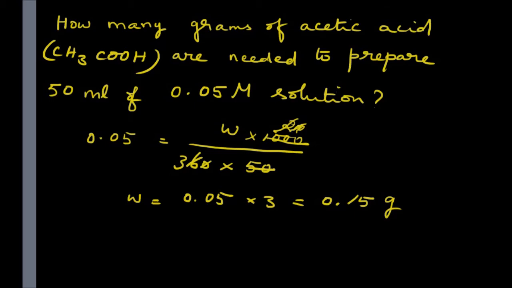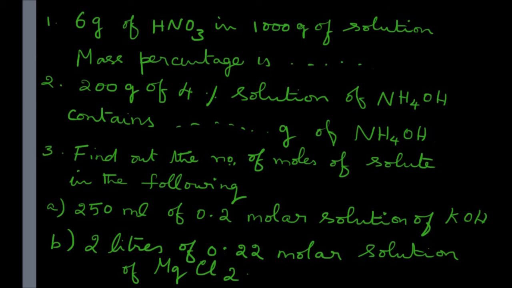You are given 6 grams of nitric acid present in 1000 grams of solution. The mass percentage is dash. You have to find out and fill it in. 200 grams of 4% solution of ammonium hydroxide contains dash grams of ammonium hydroxide. Third problem, find out the number of moles of solute in the following.